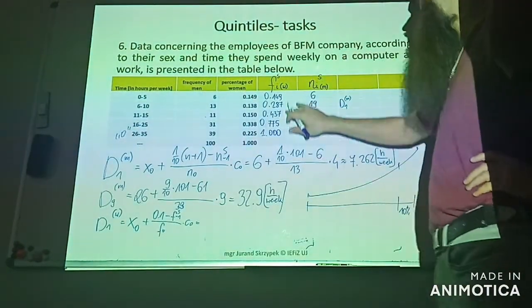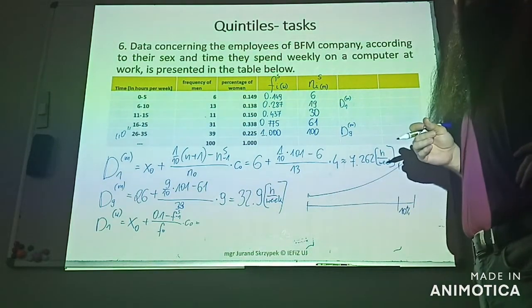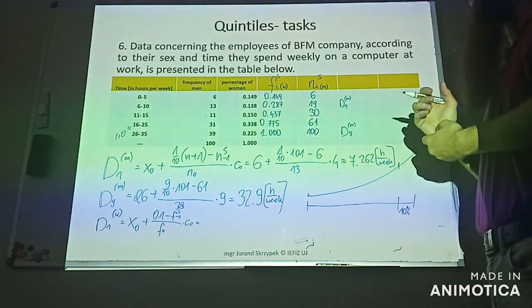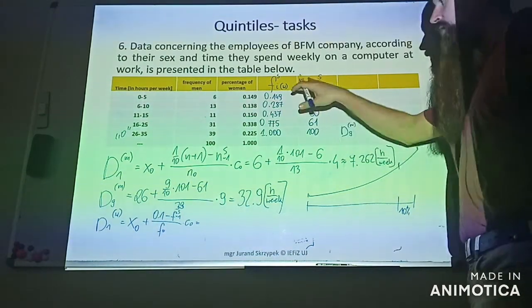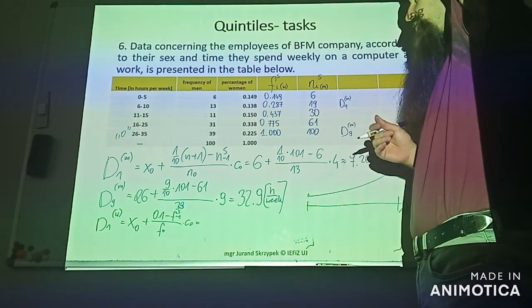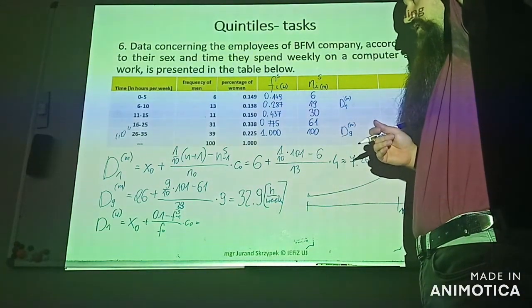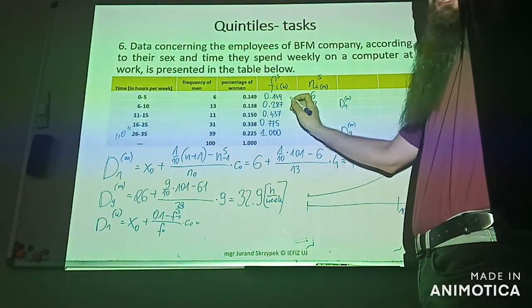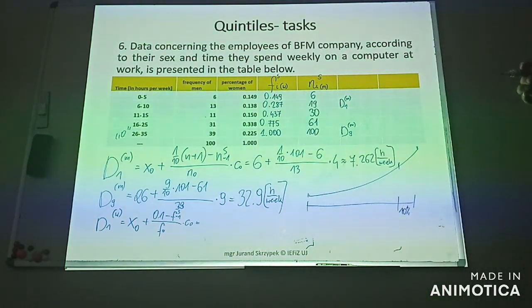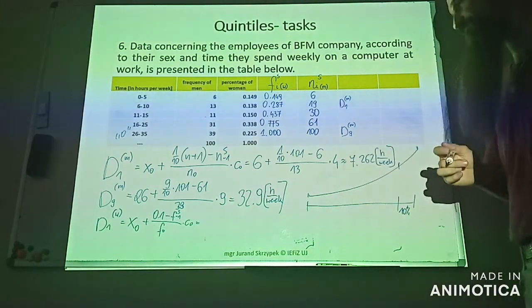In our example, we are looking for the class of the first decile in the women group, in which we exceed 10% for the first time. It happens in the first class. So this is an interesting situation. We have found ourselves in this kind of situation for the first time.